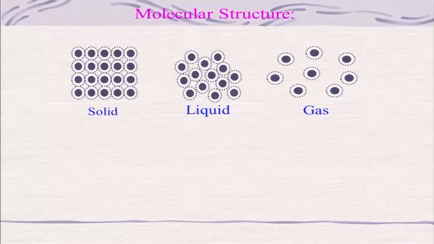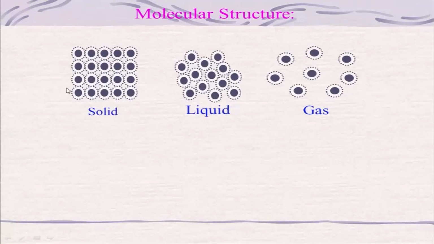So that is exactly the point I was trying to make here. This solid is shown 2-dimensional, but actually it is 3-dimensional, meaning perpendicular to this there will also be molecules, and people have made a spring kind of system where the molecule can vibrate. The molecule can vibrate like this within the mean positions.